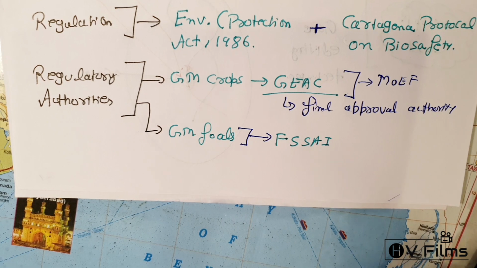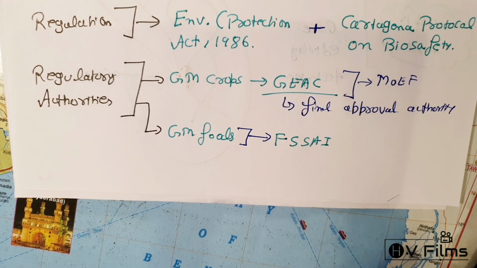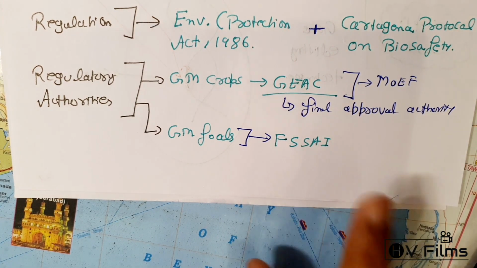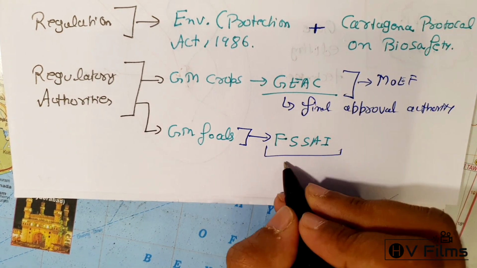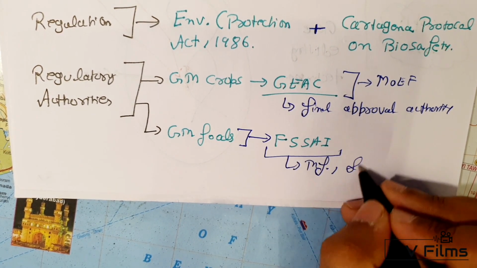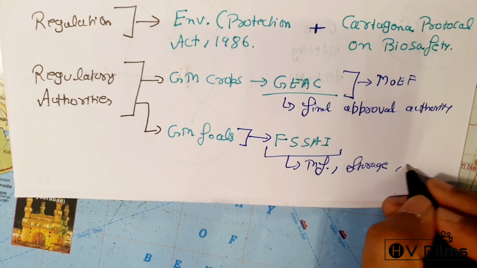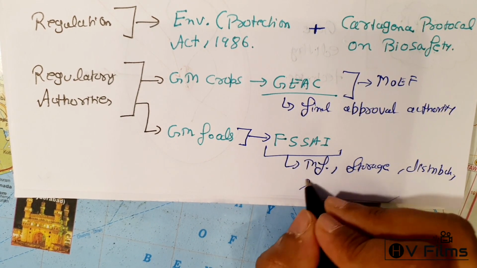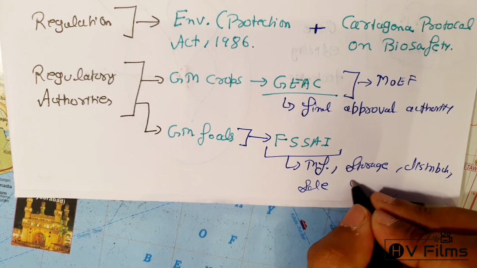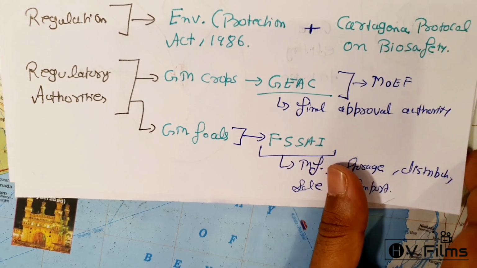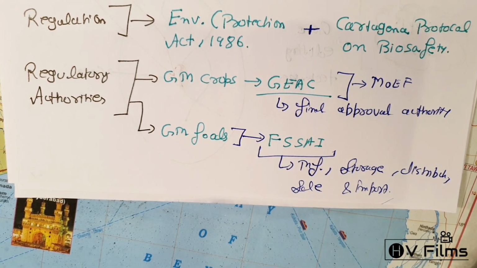FSSAI regulates manufacturing, storage, distribution, sale, and import of the GM food. So this is the role of the FSSAI. If you want me to write here, then for manufacturing, for storage, for distribution, and what is left? The sale and import. All these things are regulated by the FSSAI.